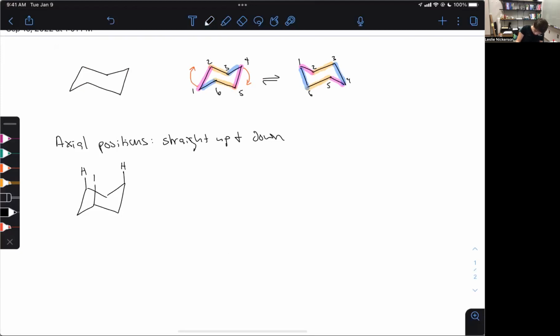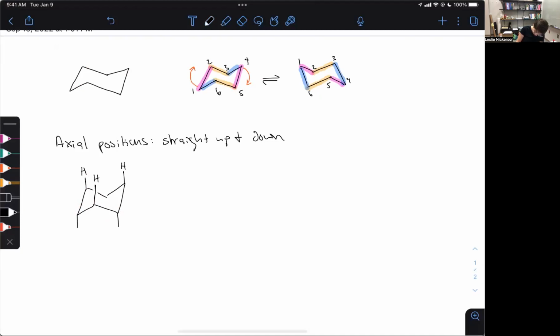and here. The important thing to keep in mind here is that this side of the chair is essentially what's facing towards you. So when I have this, one way to indicate that is to draw it like that so that you can see that H is in front, not in the back. So that's all of my axial up positions.